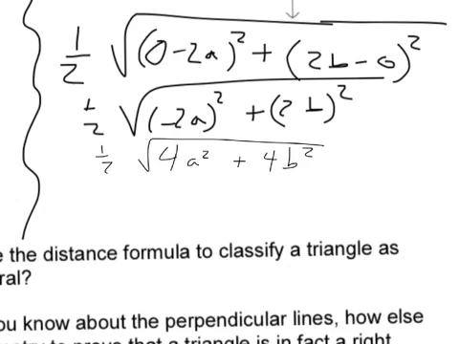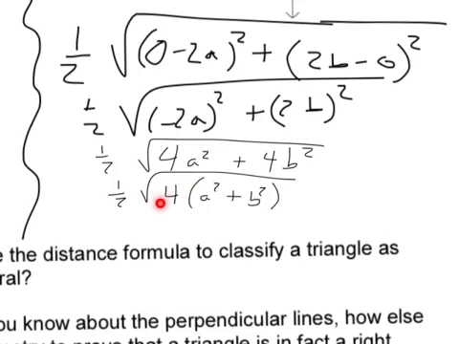Now, a little algebra here. I can factor out a 4 from both of these terms since it is being multiplied. Now that I've done that, I can actually take the square root of 4 because it's being multiplied, not added to anything. So I can take the square root of 4, which is 2. And so I could rewrite this as 1/2 times 2 times the square root of a squared plus b squared.